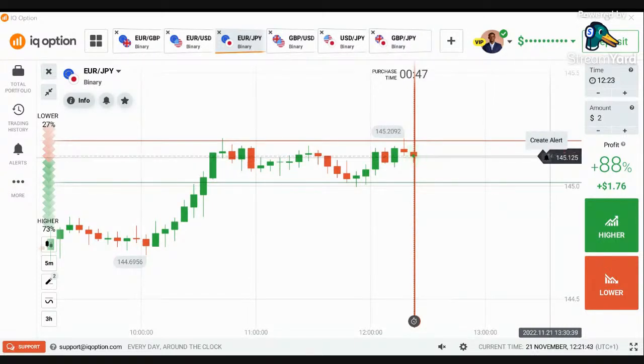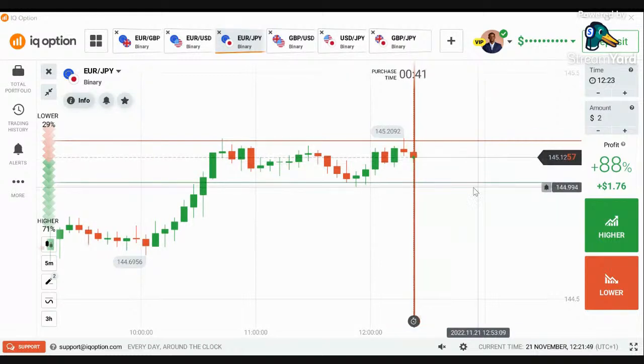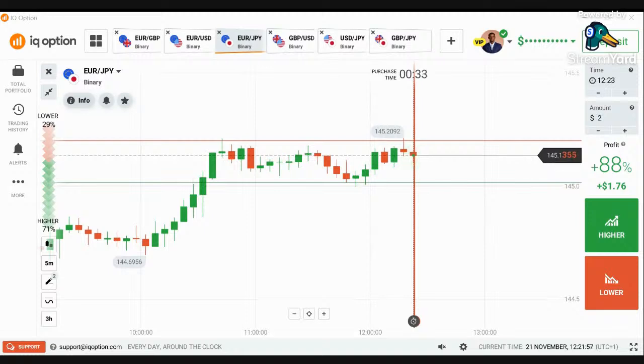You can't just say the market is buying and you want to buy. If you buy here now, you can see you lost your trade. So you have to understand the whole market's condition. You have to understand the market's phase in a deeper level. You have to understand the market condition.